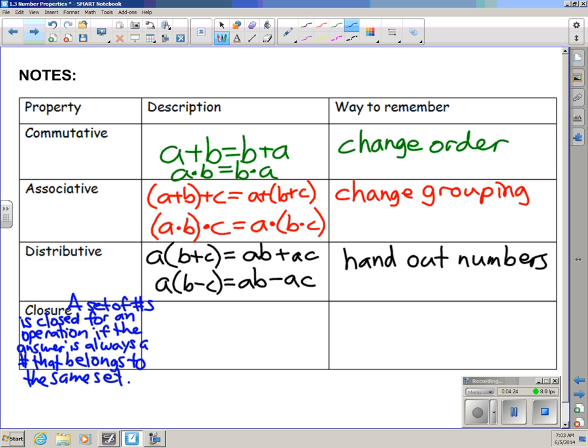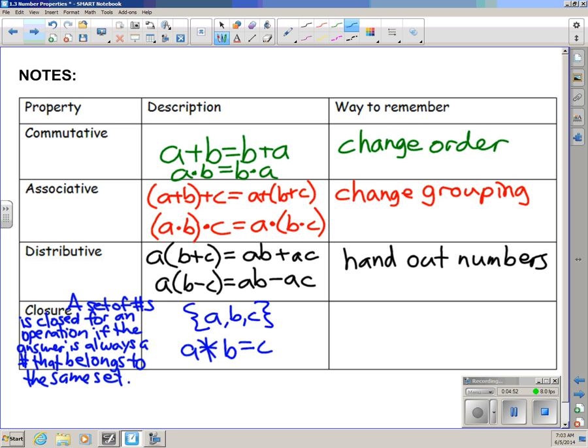So an example here would be, say I have a set. My set contains A, B, and C. That means any operation, which I'll illustrate as an asterisk, on A and B would produce C. So an operation on two numbers in the set produces a number in the set.